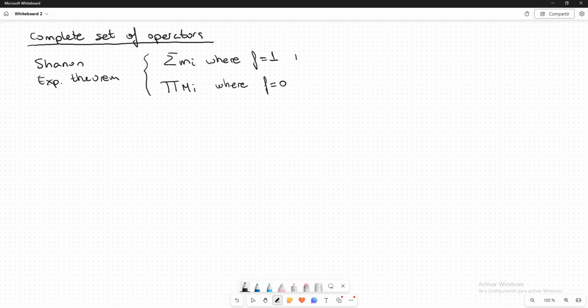So what is this? A sum of minterms is a sum of product terms, because a minterm is a product term. And this is a product of maxterms. A maxterm is a sum term, so finally it's a product of sums.